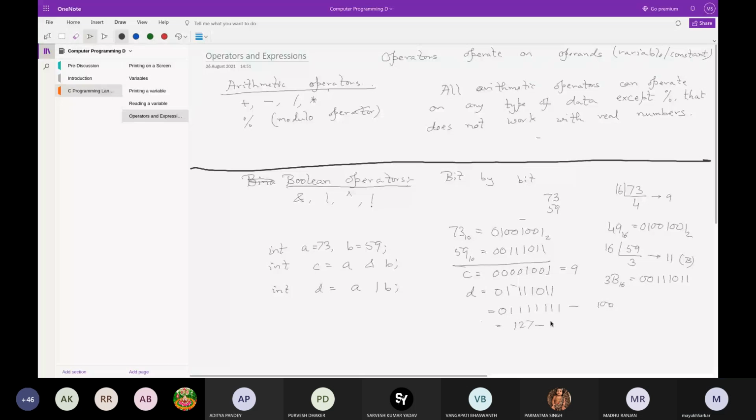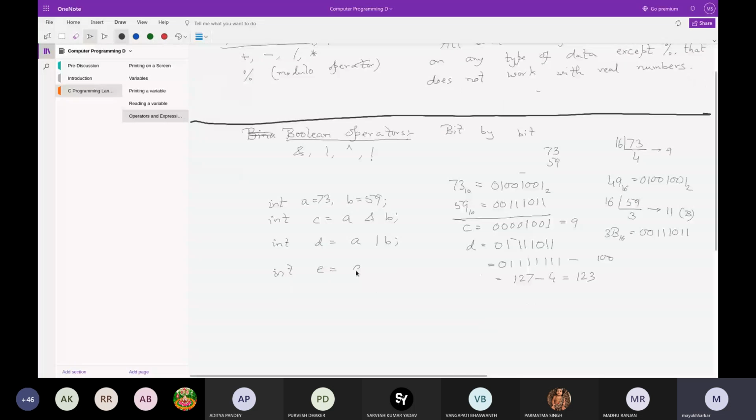And if I perform int e, suppose a XOR b, e in that case will be 0 1 1 1 0 0 1 0.